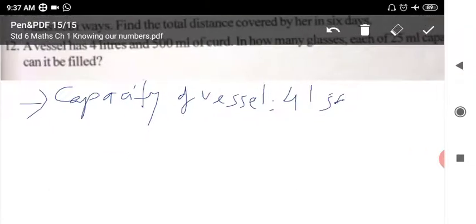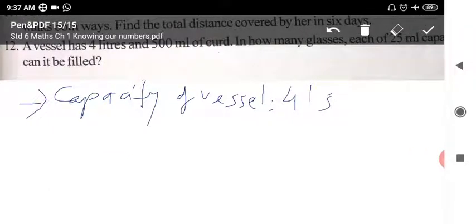So capacity of vessel is how much? It is 4 liter 500 milliliter.